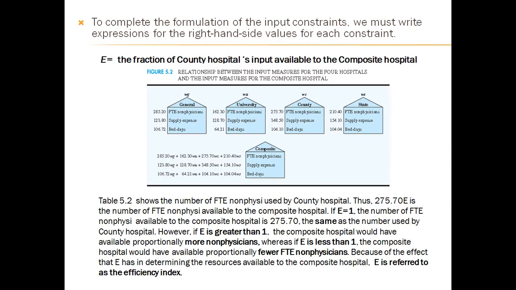However, if E is greater than 1, the composite hospital would have available proportionally more non-physicians, whereas if E is less than 1, the composite hospital would have available proportionally fewer FTE non-physicians. Because of this effect that E has in determining the resources available to the composite hospital, E is referred to as the efficiency index.